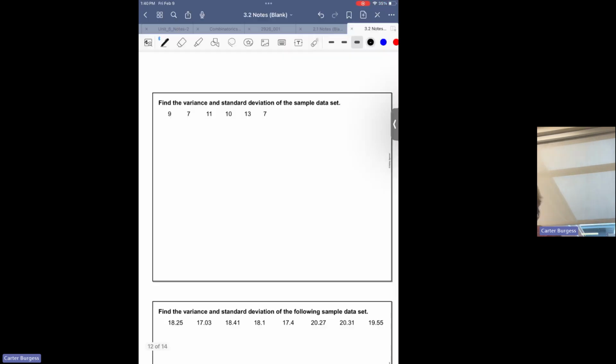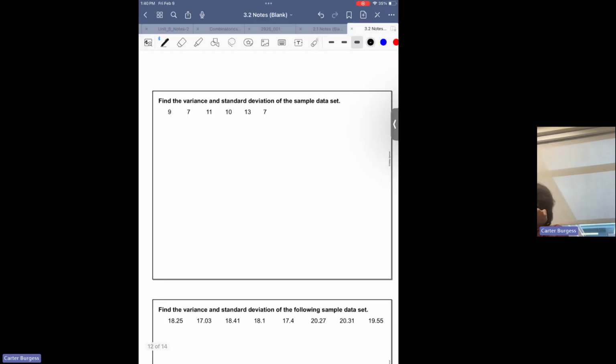So in this case, for our example here, am I going to use S or sigma? Is this a sample or a population? It is a sample. So I'm going to use S for my standard deviation.